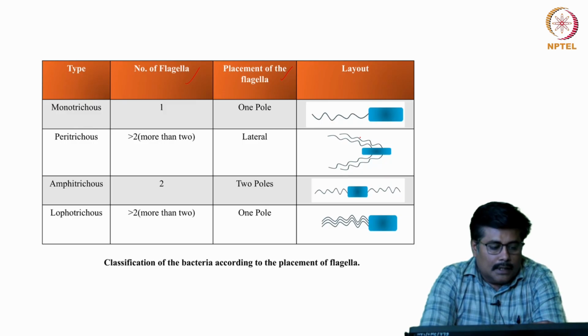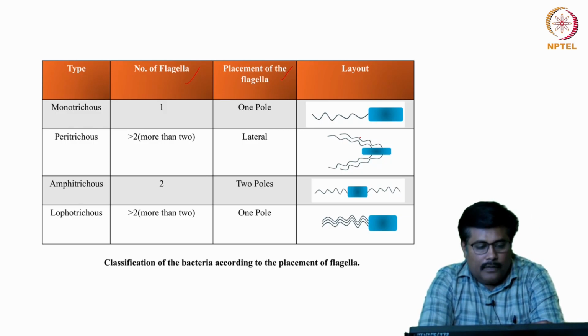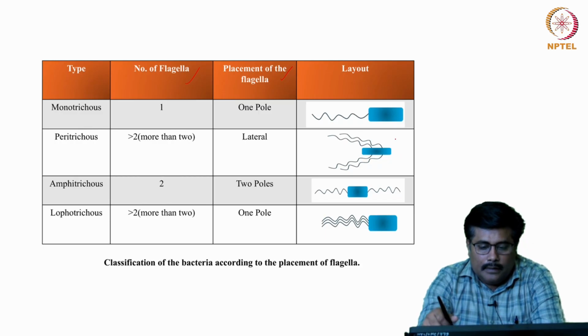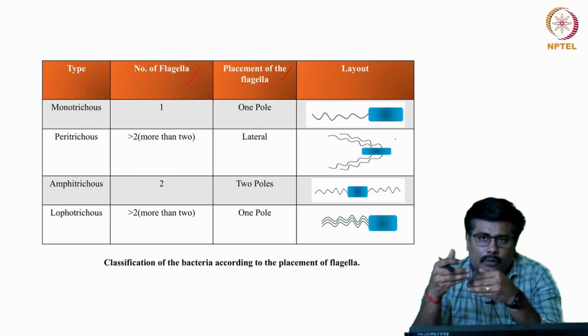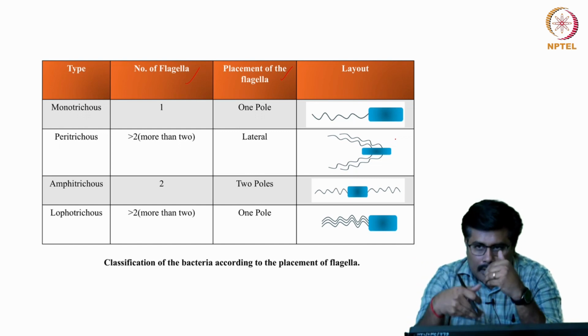There is a third type, which we call the amphitrichous flagella structure. It has two flagella, basically two poles kept over here, and it can be used for appropriate rotary movement as well as linear movement.